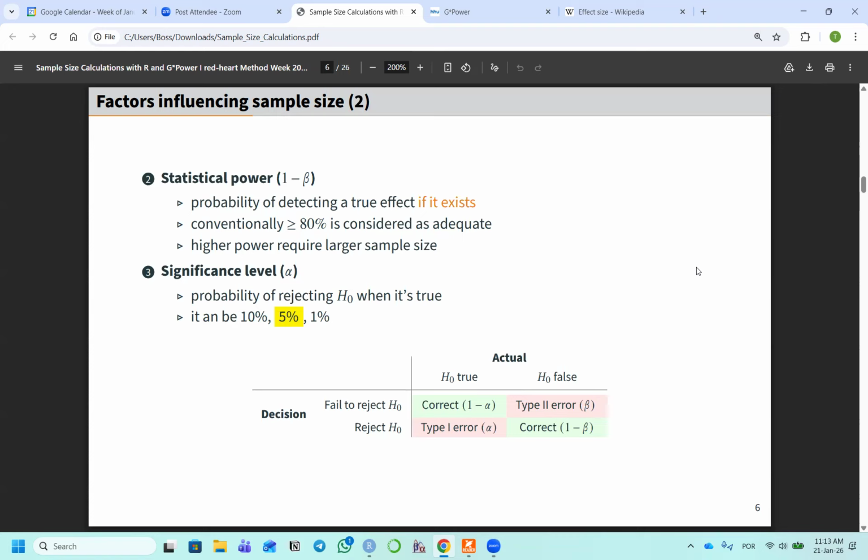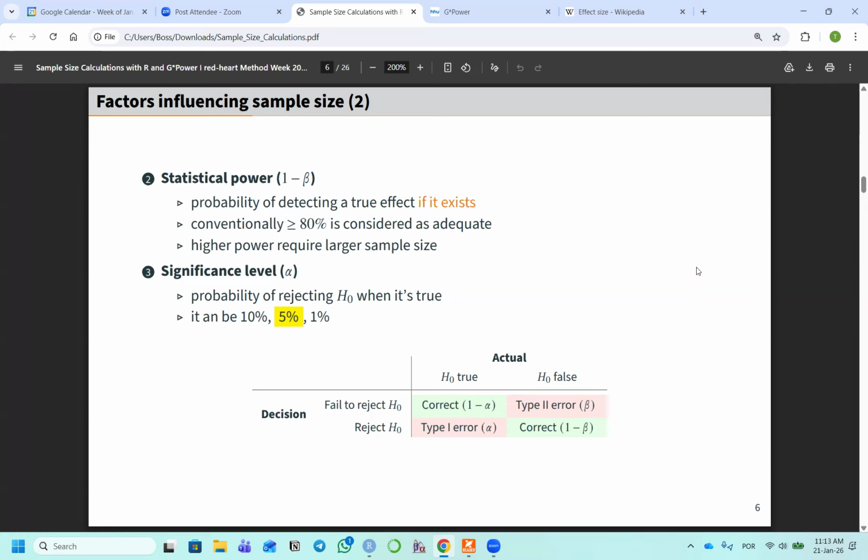And conventionally, a power of greater than or equal to 80% is considered as sufficient power. And mostly in medical science, they push it up to 90% and 95%. That's good. But at the same time, you should think of your cost, because pushing power up may require a larger sample size.